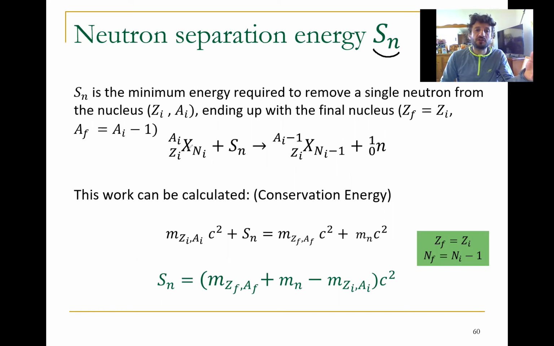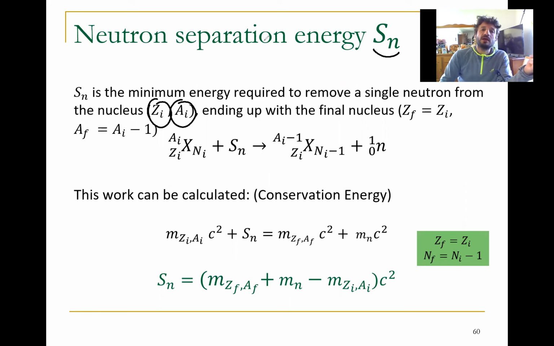Okay, we have a nucleus of Zi and Ai. This is the initial nucleus. We have the initial nucleus of the initial atom, and we have the final nucleus of the final atom. Zi Ai, and the final will be Z final A final.